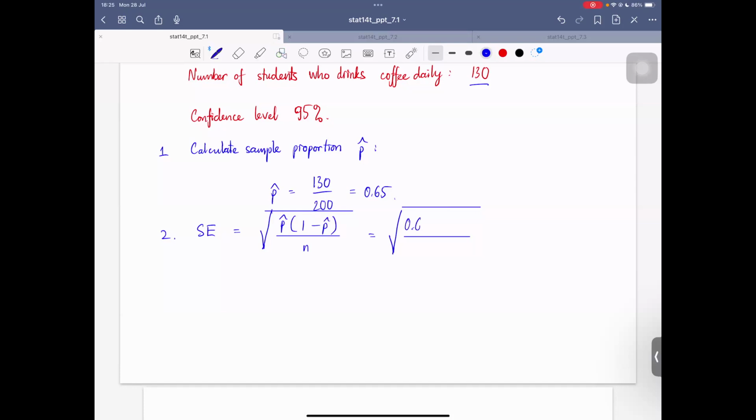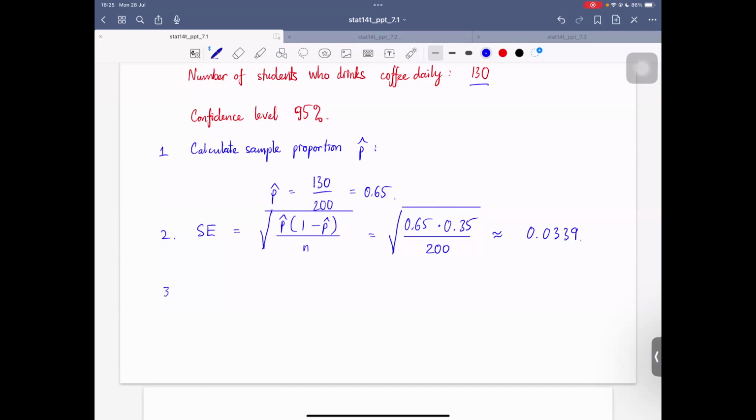We have 0.65, right? Times 0.35 because 1 minus 0.65 gives us 0.35, and n is 200. So it approximates 0.0339. Okay, so this is the standard error. The standard error tells us how much the sample proportion varies from sample to sample, right?